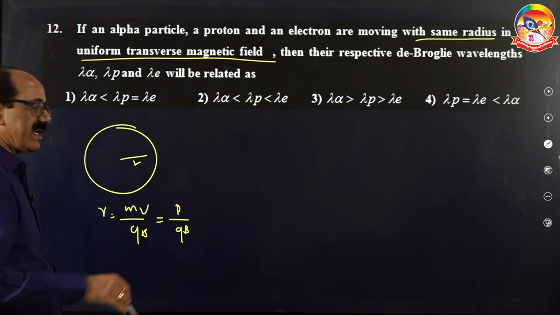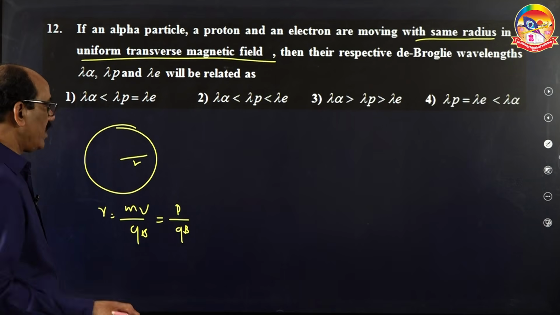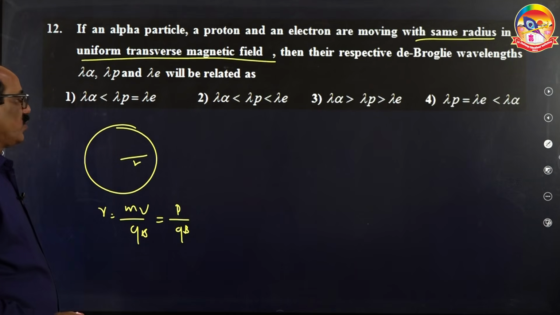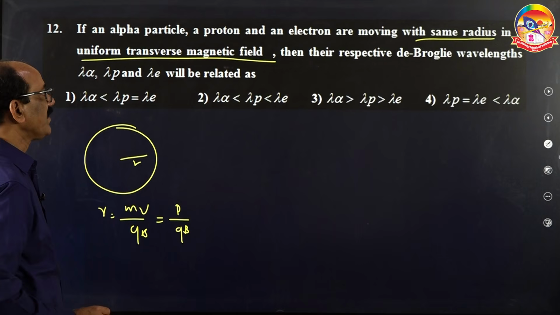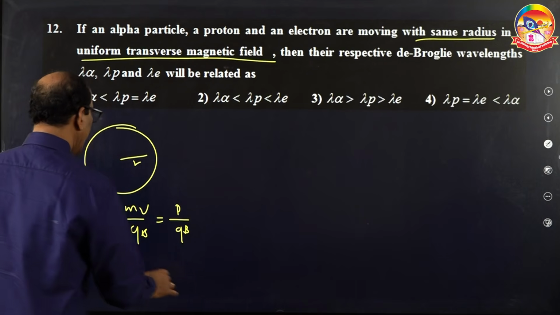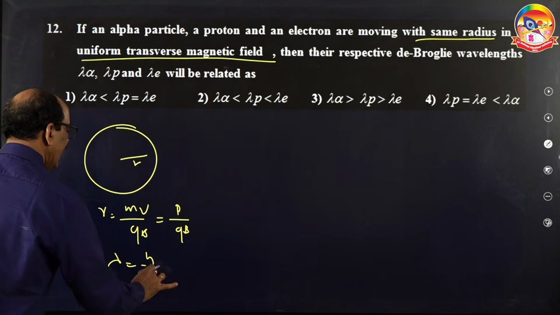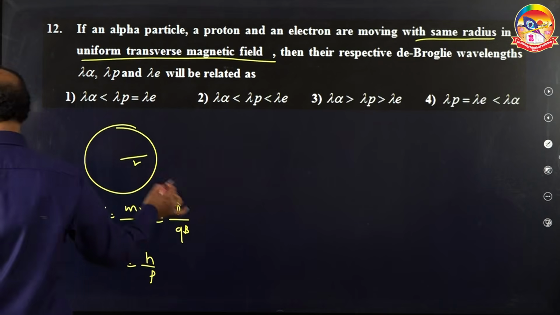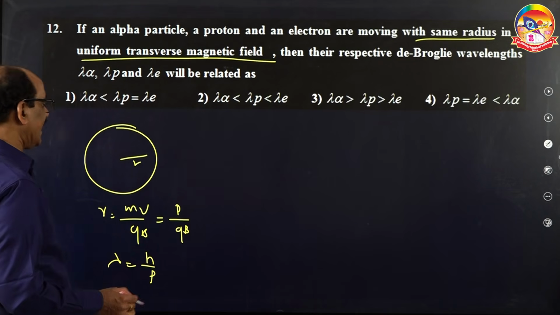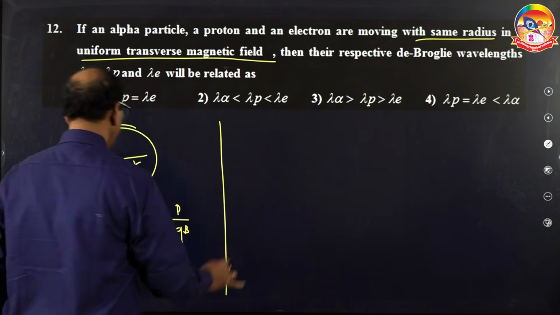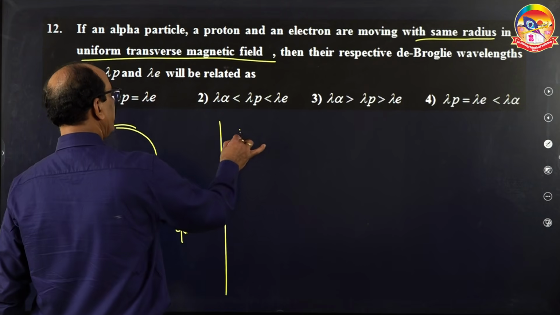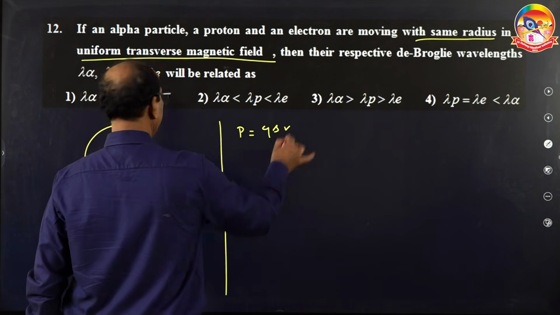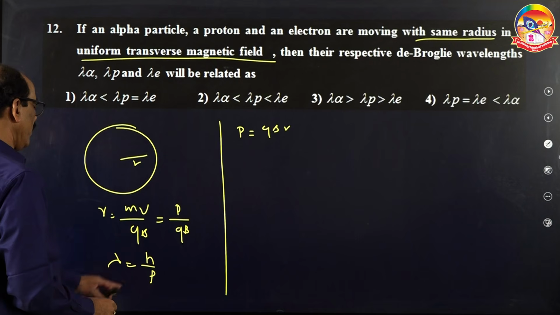Because we are now talking about the de Broglie wavelength, we are to look at the momentum. De Broglie wavelength is given by lambda equal to h by p. So instead of p, we can write h by lambda. Therefore, we can write p equal to qBr, and also p equal to h by lambda.